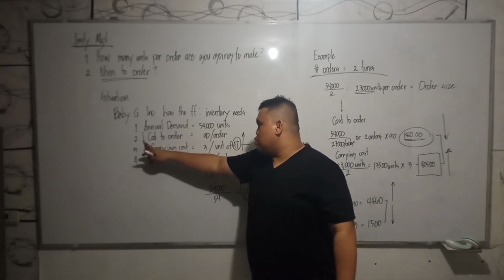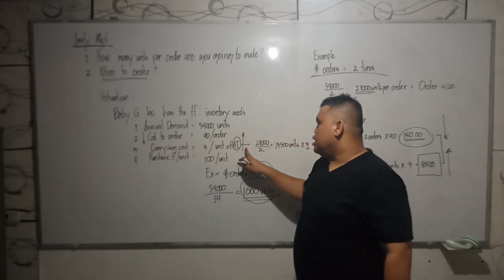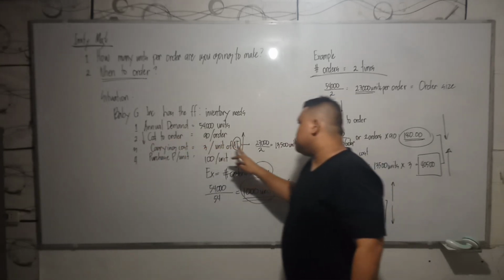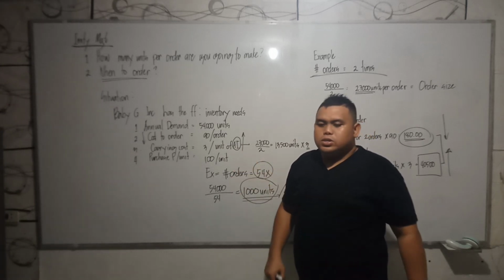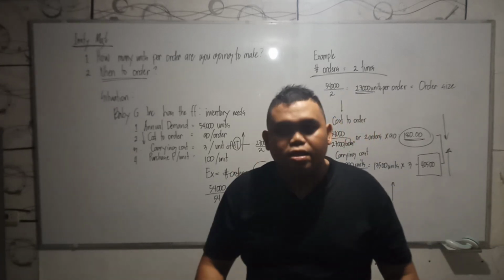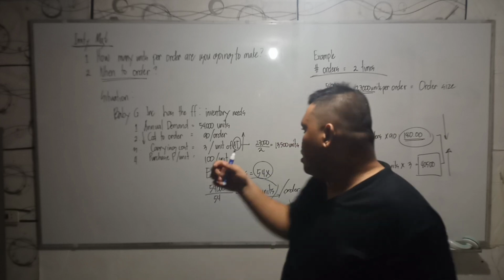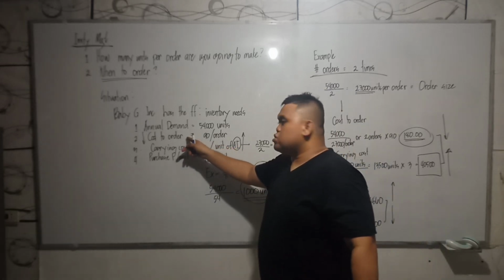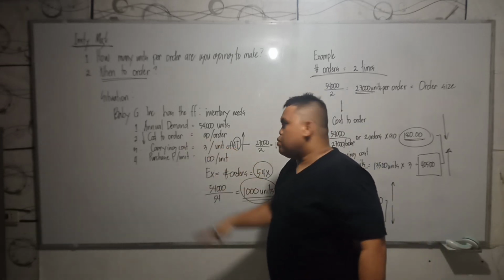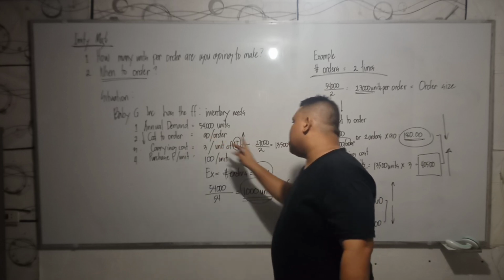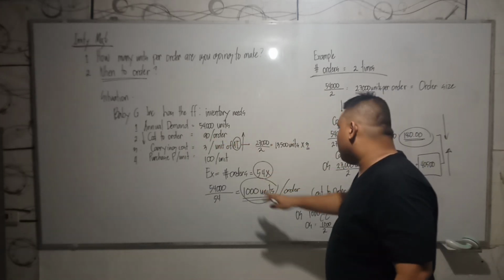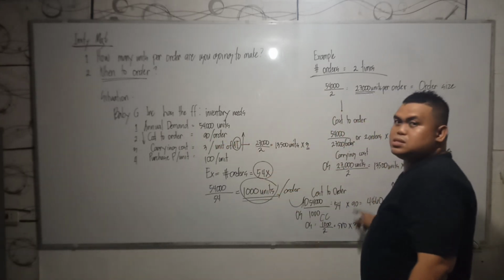If this becomes lower, this becomes higher. If this becomes higher, this becomes lower. So they devised a simple formula in which the carrying cost and the cost to order in total will be the same.